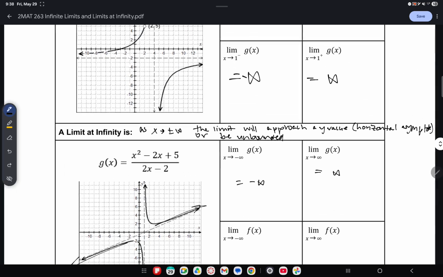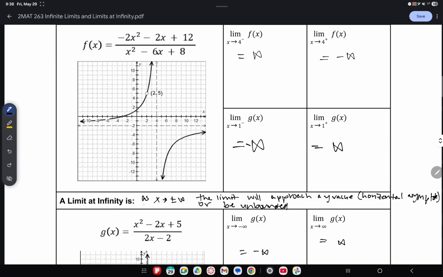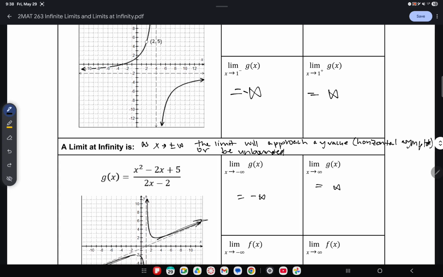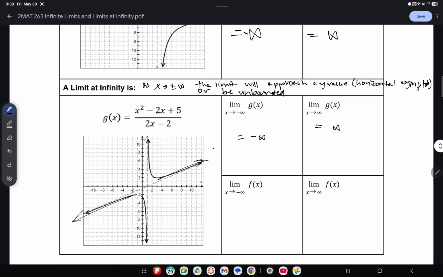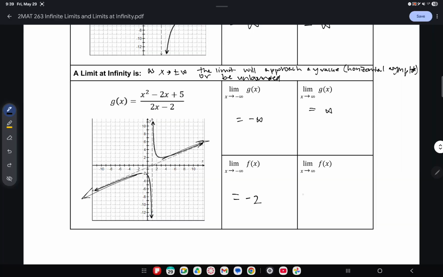But if we look at f, right, we do have a horizontal asymptote. So as x is going to negative infinity, we're approaching that line y = -2. And it's from both directions, actually, on this graph. Right, so we either will have the infinities as an answer, or we'll have a number.